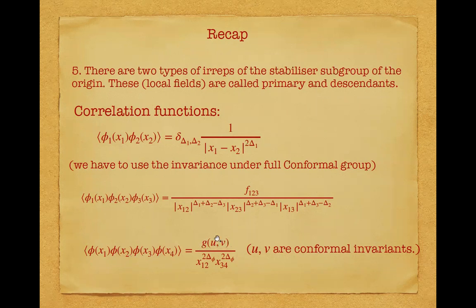So G is not fixed. Unlike the 2-point and 3-point functions, the coordinate dependence of the 4-point function is not completely fixed. This was the thing that we saw yesterday.